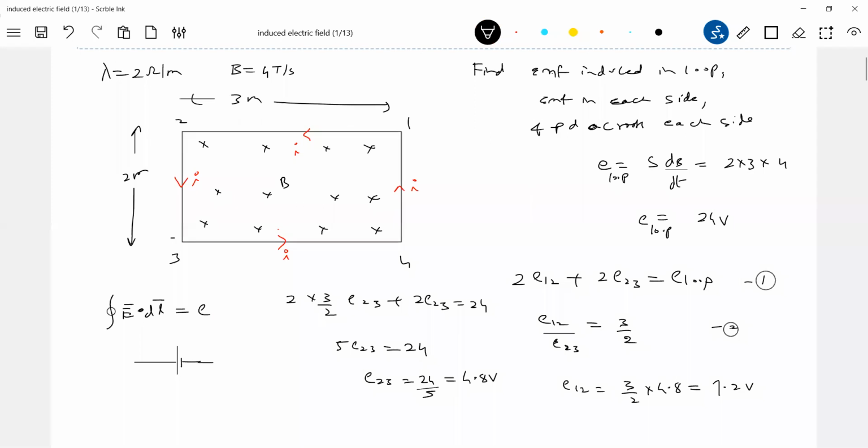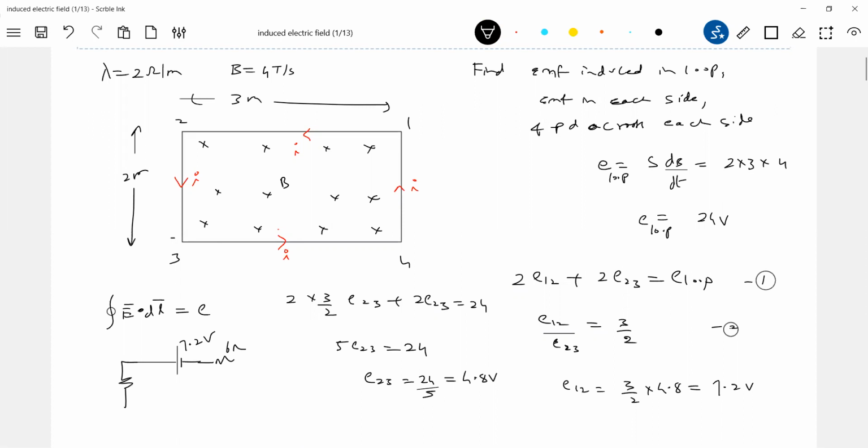So then what is the resistance of this? Lambda into 3, 6 ohm. EMF induced here is how much? 7.2 volt.